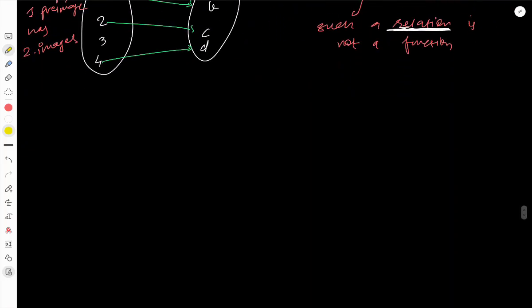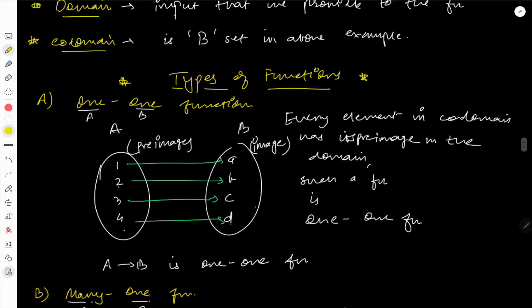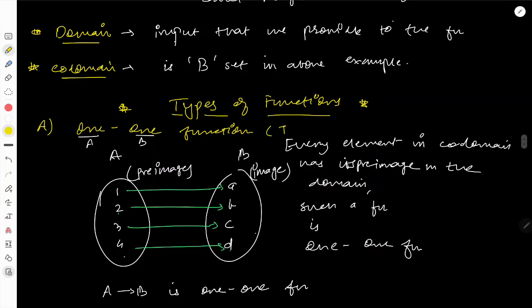So now let us continue to the third type of function, that is an onto function. Now the onto function, which can also be called surjections, and the one-one function is called injection. It's like injecting and getting an output.